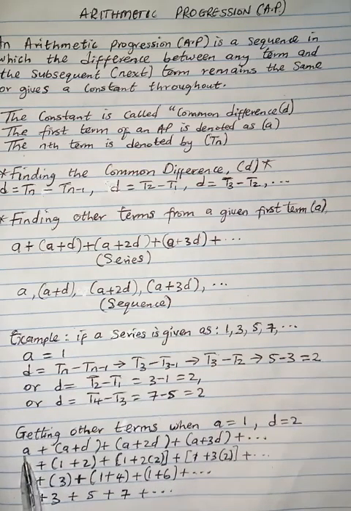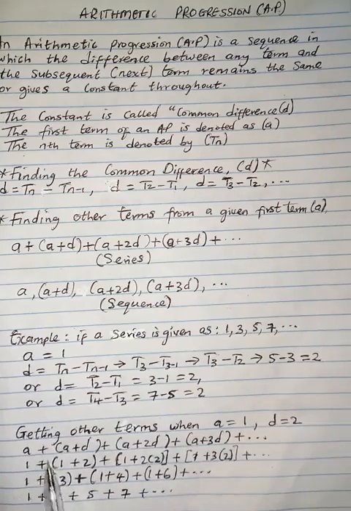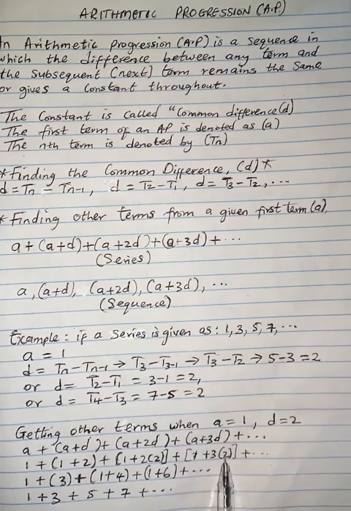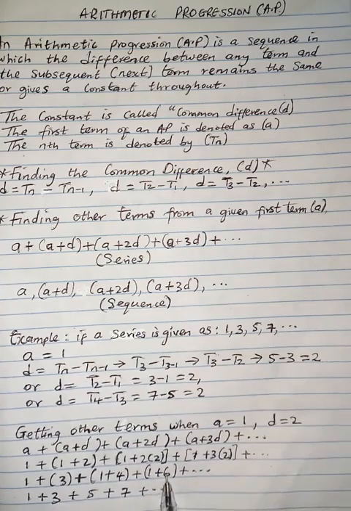Now we have A equals 1, plus D, common difference is 2. So 1 plus 2 is equal to 3. 2D is 2 times 2, which is 4, 1 plus 4 is equal to 5. Now 3D, D is equal to 2, 3 times 2 is 6, 1 plus 6 is equal to 7.